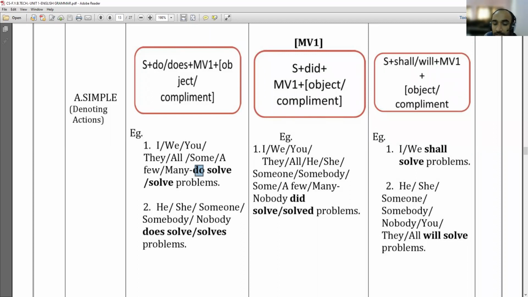Then for he, she, it, we have to use does. Okay. He does solve problems or he solves problems. Okay.